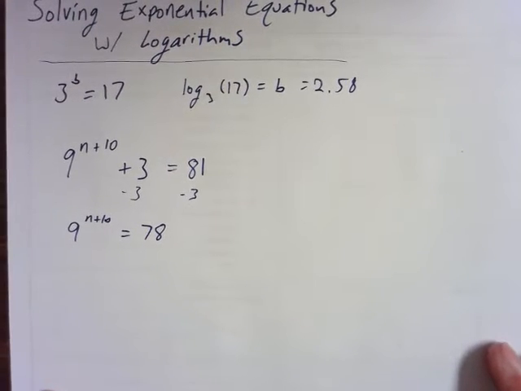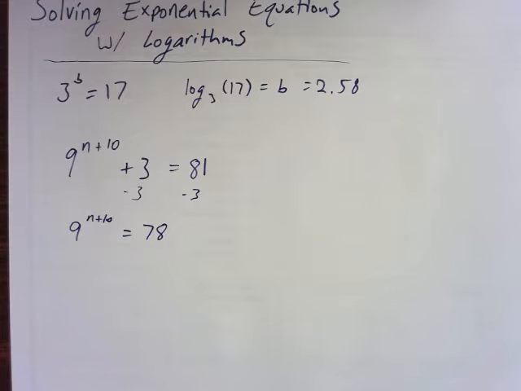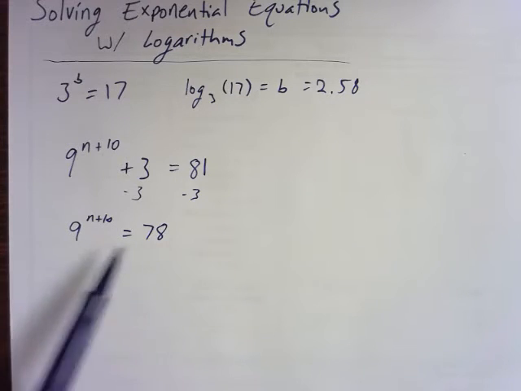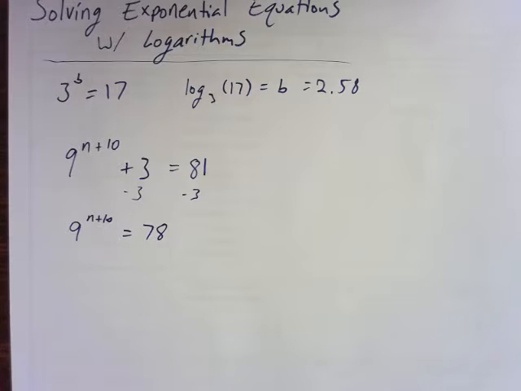Okay, and remember, algebra tells me that I can basically do whatever I want to my equation, as long as I do it to both sides of my equal sign, it really doesn't change my equation. It'll still be a true statement.